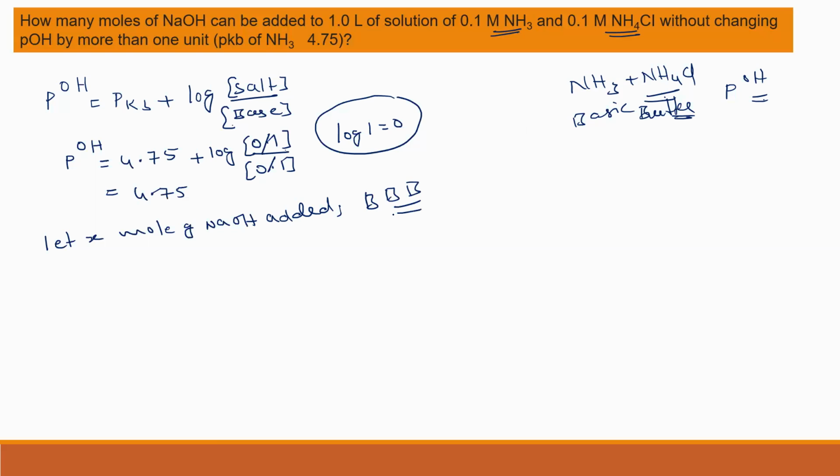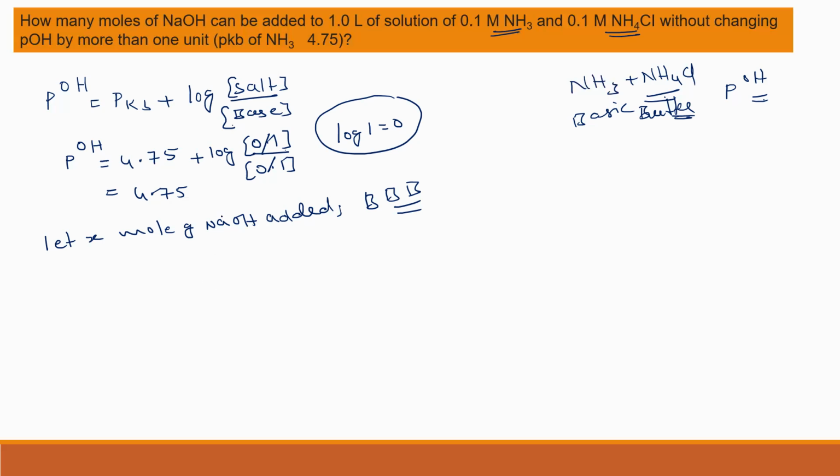According to this rule, whenever a strong base is added to a basic buffer, the concentration of weak base increases and that of salt decreases. On adding the base, the pH is going to increase and the pOH is going to decrease.